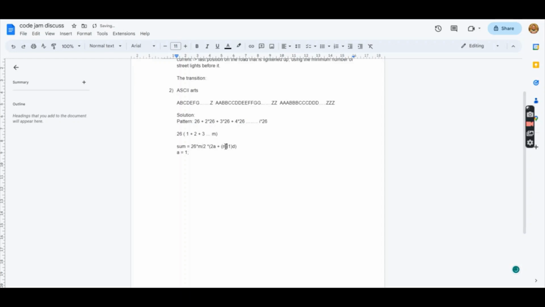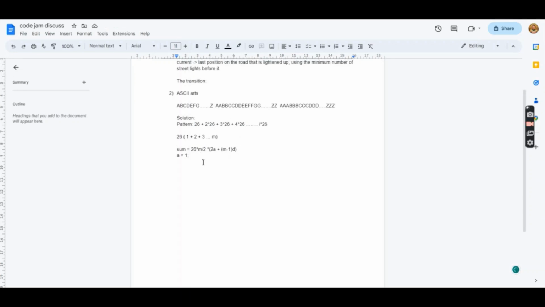So m here is the imaginary last position of this pattern. We are given n in the question, which is the position to be found. So we can binary search on this pattern and find the last position whose sum is greater than n.